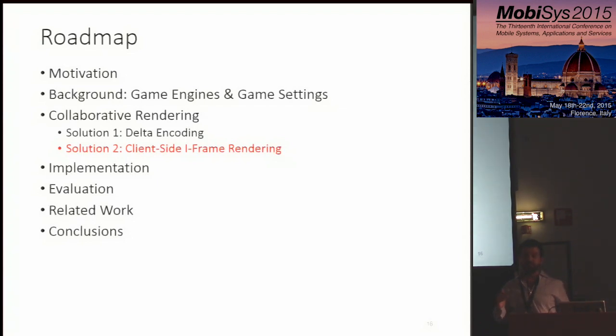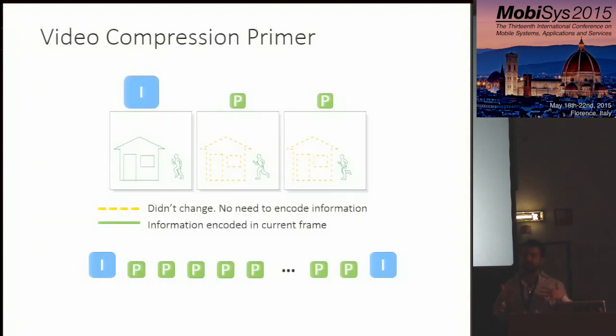Now, for the second solution, client-side iframe rendering, let me first introduce you to what is an iframe. And for this, I will give you a very brief video compression primer. In video compression, there are two types of frames. iframes, that compress more or less like what a JPEG file will compress, and p-frames, that are frames that depend on previous frames in the stream.